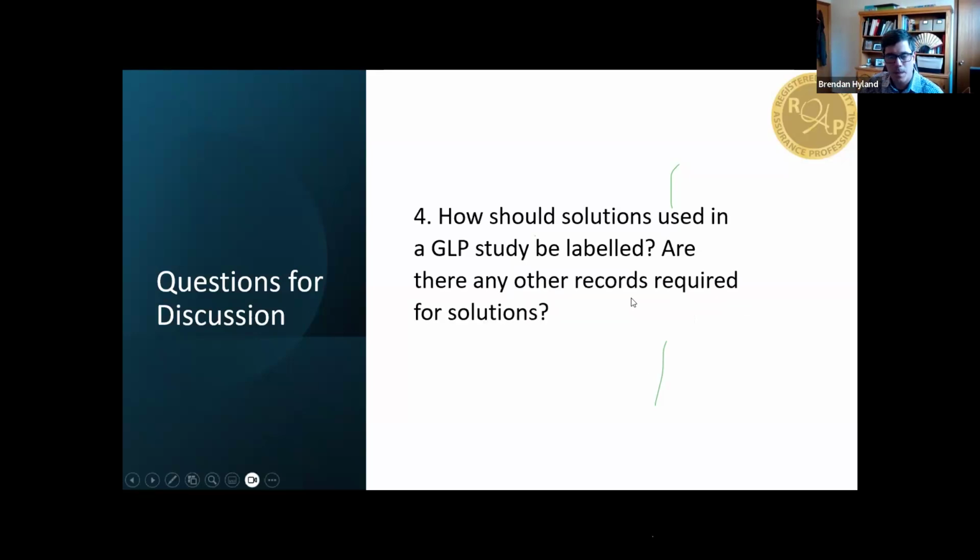Great. All right, our fourth question. How should solutions used in a GLP study be labeled? Are there any other records required for solutions?